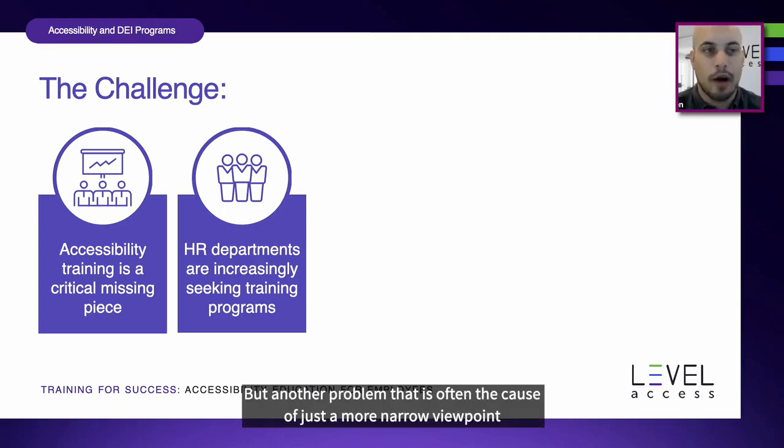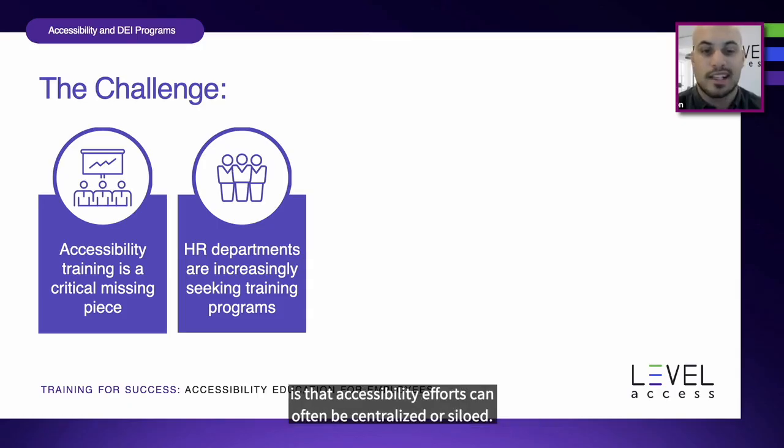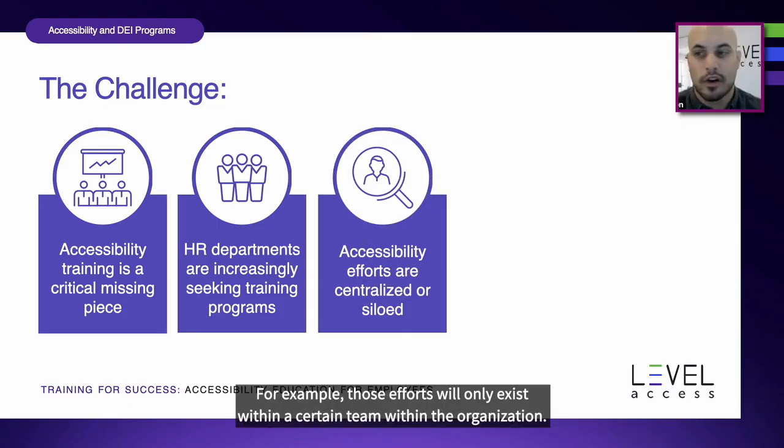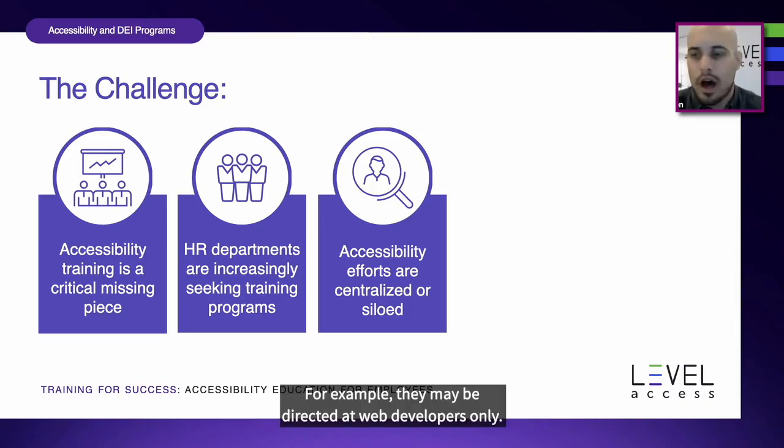But another problem that is often the cause of just a more narrow viewpoint is that accessibility efforts can often be centralized or siloed. For example, those efforts will only exist within a certain team within the organization. For example, they may be directed at web developers only.